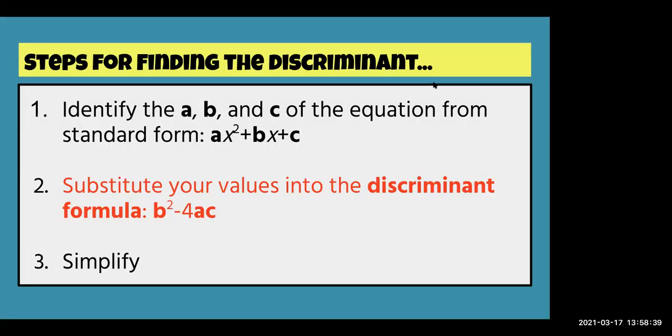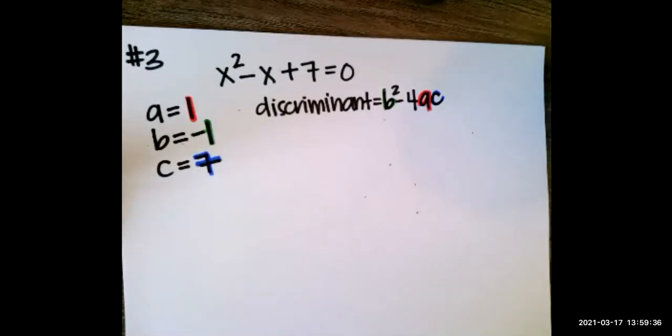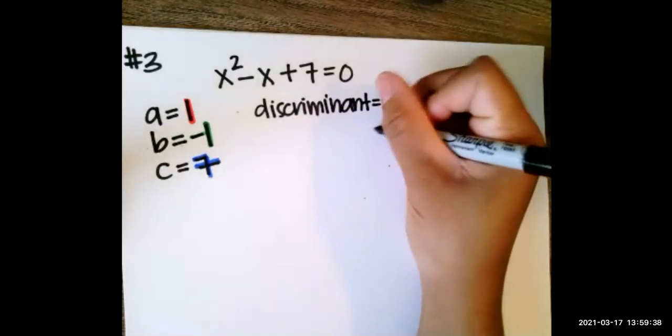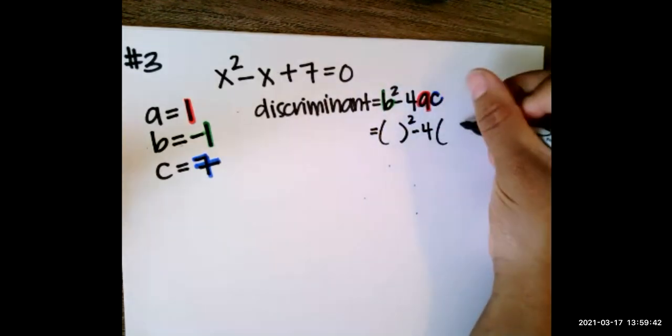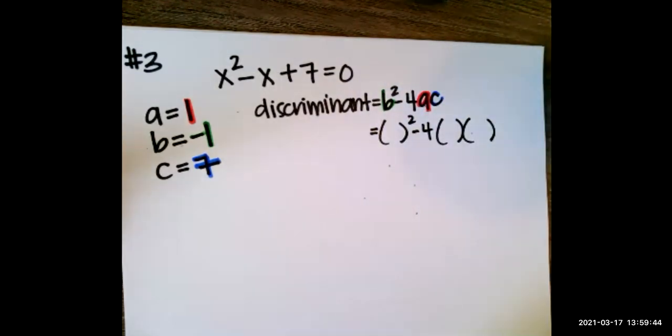Next, we're going to substitute our values back into b squared minus 4 times a times c. Let's replace the b with parentheses, the a with parentheses, and the c with parentheses. We're going to fill the parentheses with the values that belong.